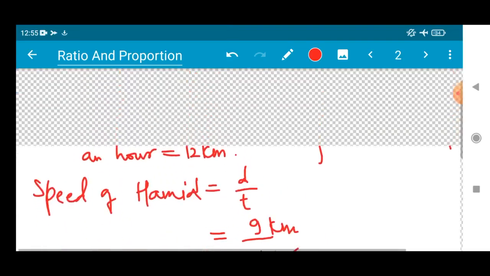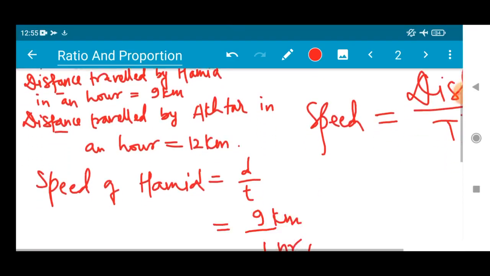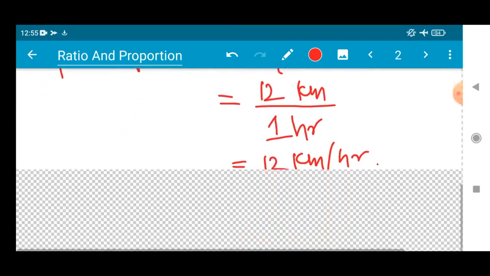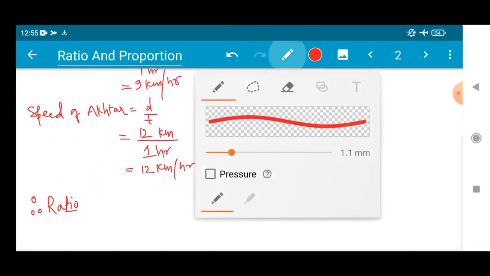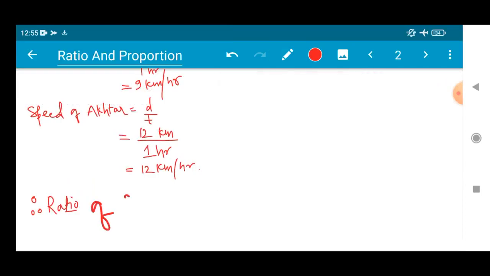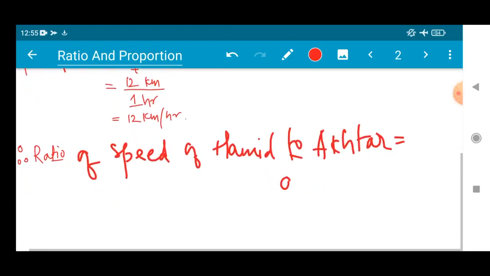Now the thing to be calculated is the ratio of the speed of Hamid to the speed of Akhtar. Okay, so therefore ratio of speed of Hamid to Akhtar is equal to 9:12, isn't it?